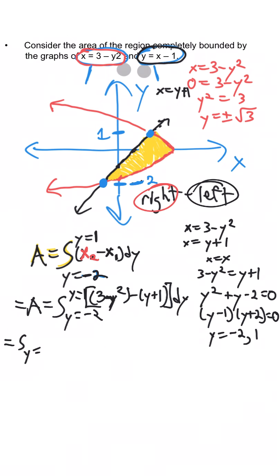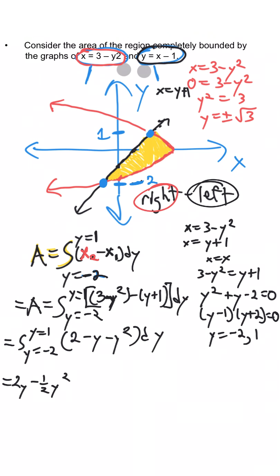Definite integral from y equals negative 2 to y equals 1 of, this is 3 minus 1 is 2, minus y squared dy. Right on, integrate, you get antiderivative of 2 is 2y. Antiderivative of y is negative 1/2 y squared. Antiderivative of negative y squared is negative 1/3 y cubed.